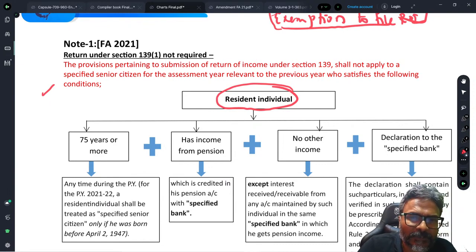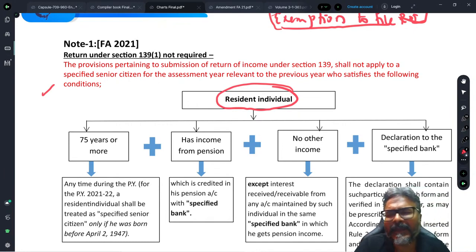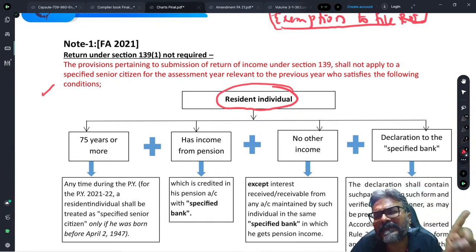This exemption is applicable if the senior citizen has got only one income, and that is the pension income, which they are depositing in the specified bank.